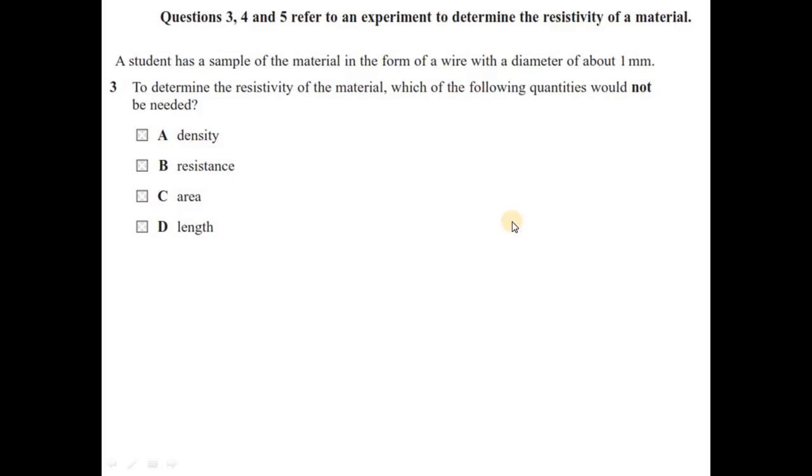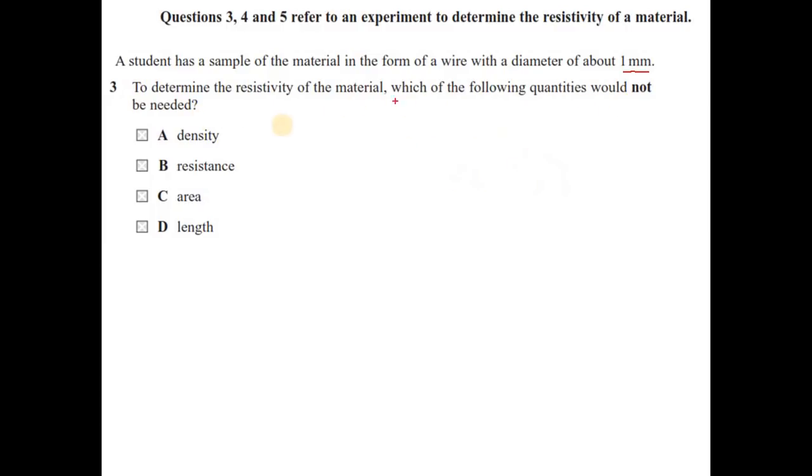Question numbers 3, 4 and 5 refer to an experiment to determine the resistivity of a material. A student has a sample of a material in the form of a wire with a diameter of about 1 millimeter. To determine the resistivity of the material, which of the following quantities would not be needed?